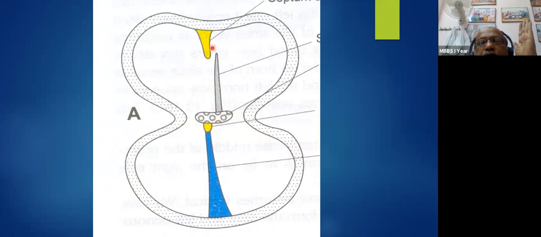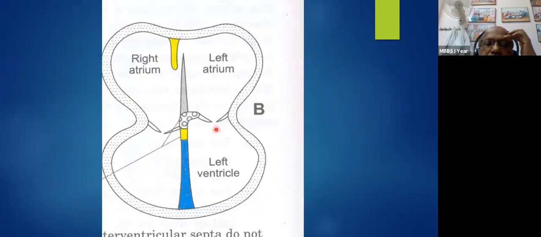Now you see that the meeting of your septum primum with septum intermedium is at one point. The meeting of your bulbar septum and septum intermedium is another point. So this interval is there. Now you see the next picture. So this is the intra-atrial septum. This is the interventricular septum.